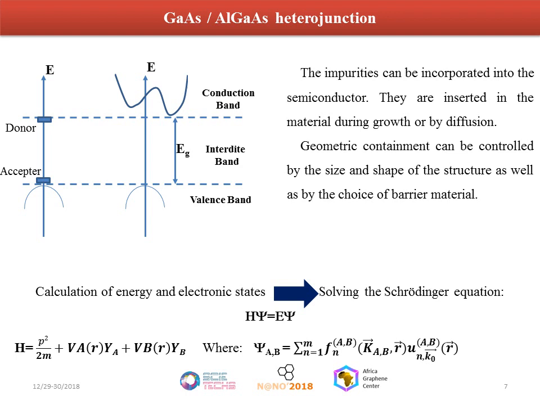The problem, or the difficulty, is the existence of impurities in the elaboration of the quantum box. Impurities can be incorporated into the semiconductor, inserted during growth, by diffusion, or in the elaboration.